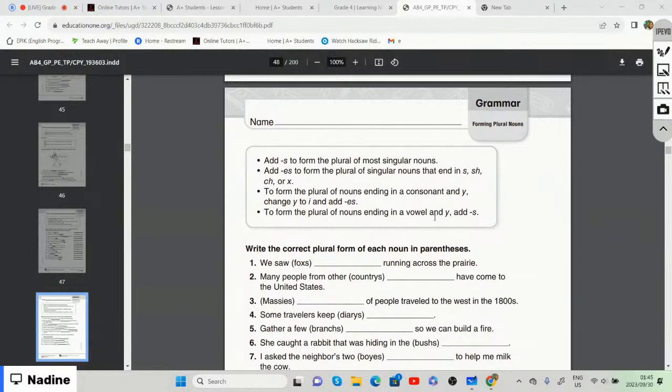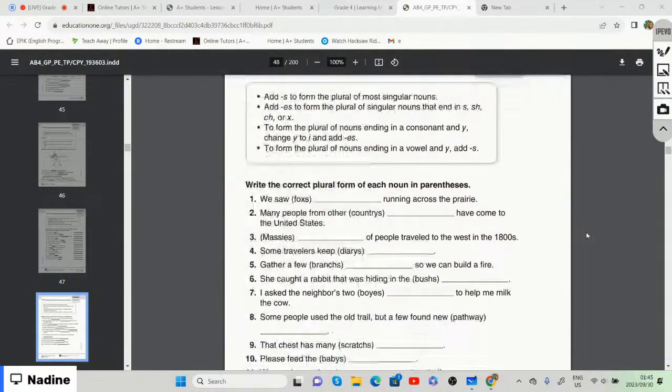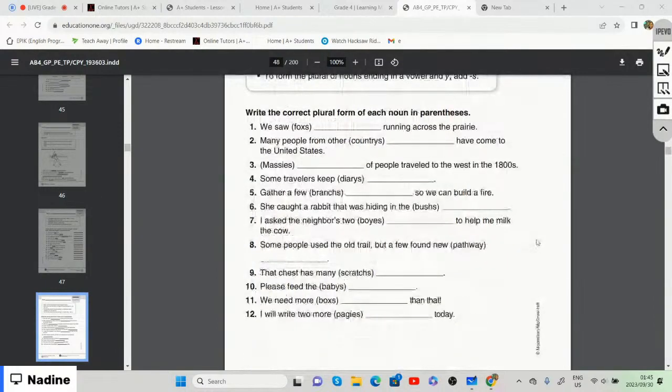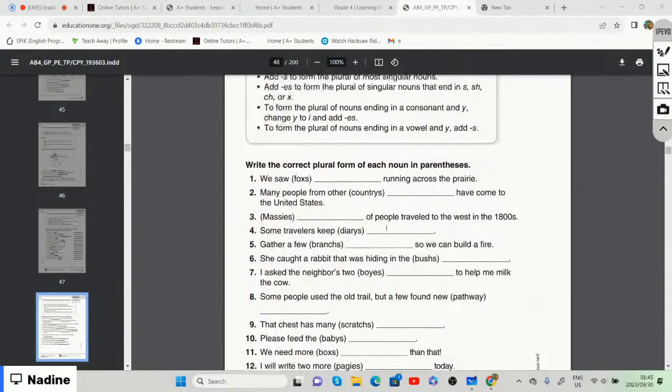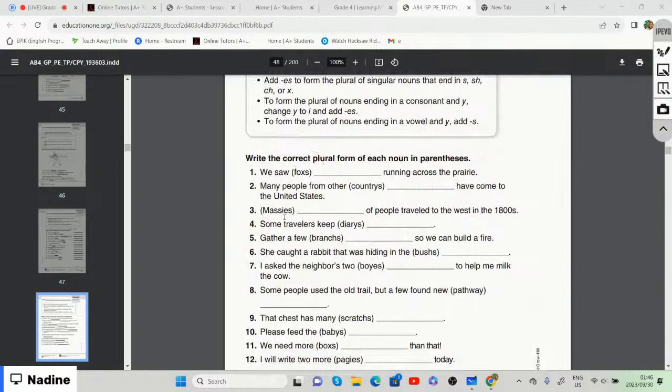We drop the y and we add i, e, s. So we're going to write down the correct plural form of each noun in parentheses, in the box, in the bracket.